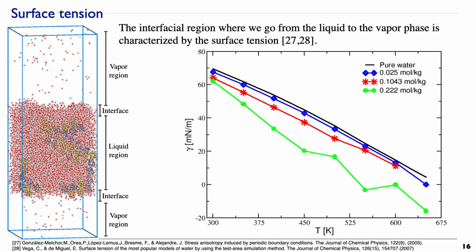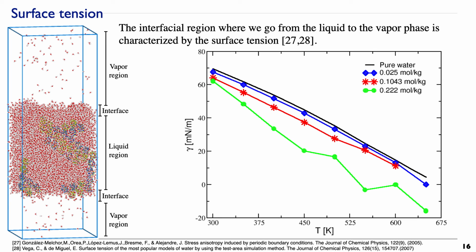We observe that as the concentration increases, the surface tension decreases, that is to say, the nanotubes favor the movement of water molecules from the liquid phase to the vapor phase as the temperature increases.